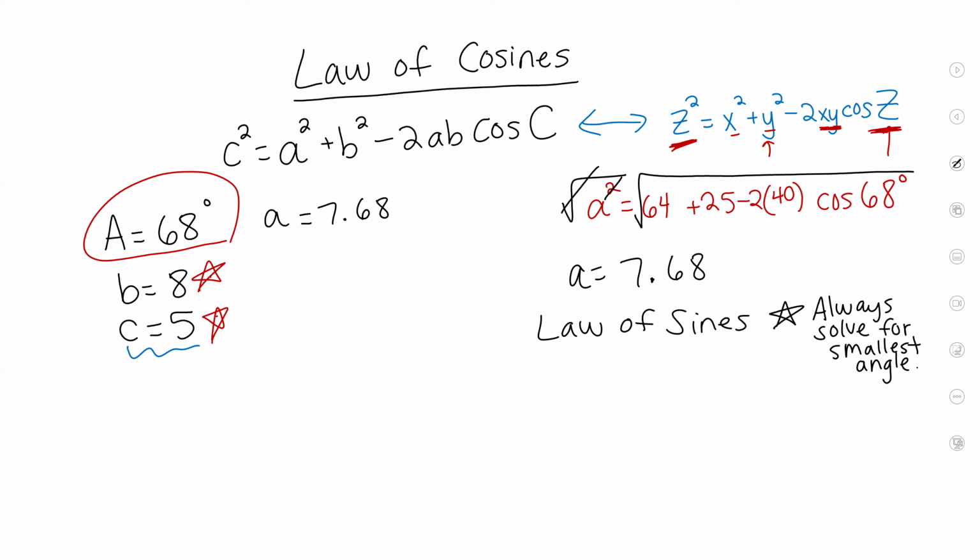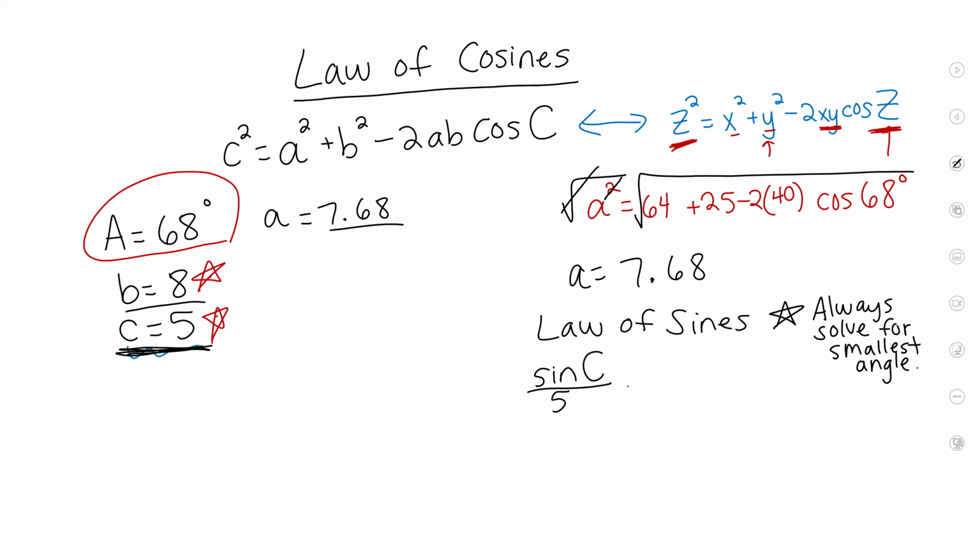So if I look at all my side lengths, which one is the smallest angle? This is the smallest side length, 5, right? Your different side lengths are 5, 8, and 7.68. The smallest side has the smallest angle. So I'm going to solve for the smallest side, which will be angle C. I'm going to solve for the smallest angle.